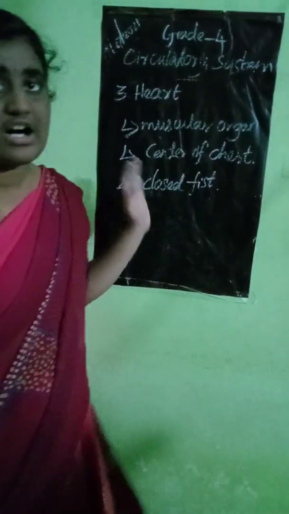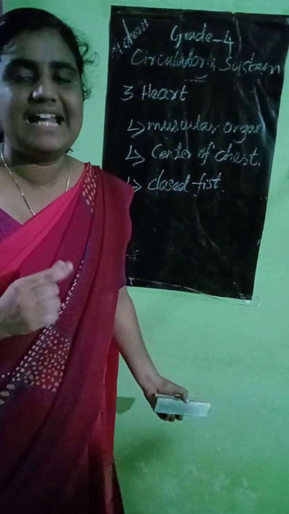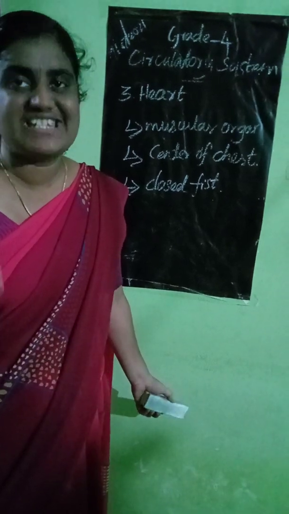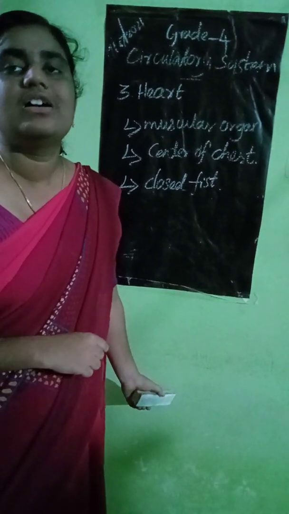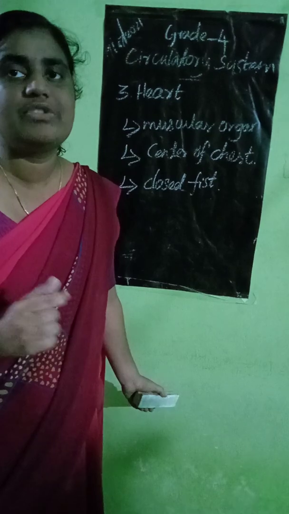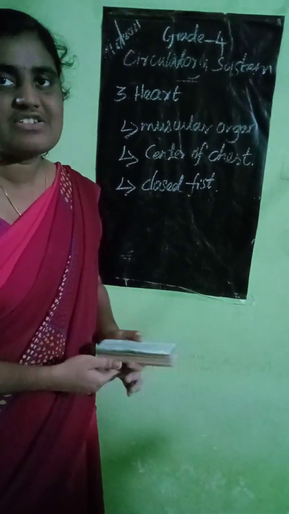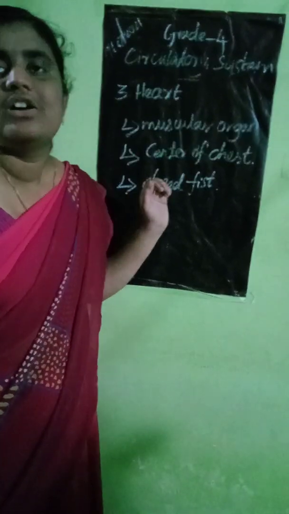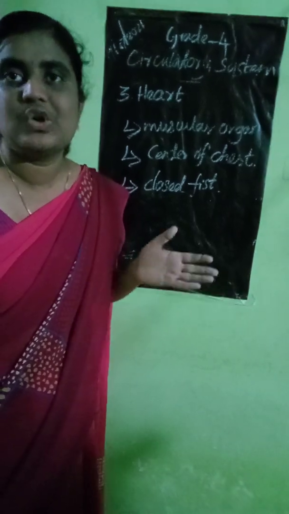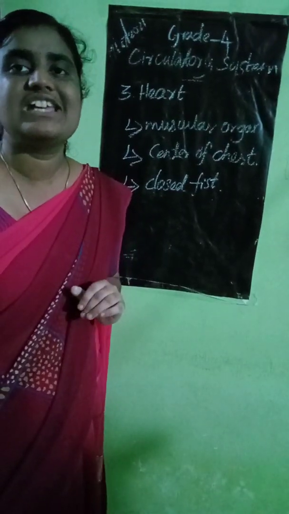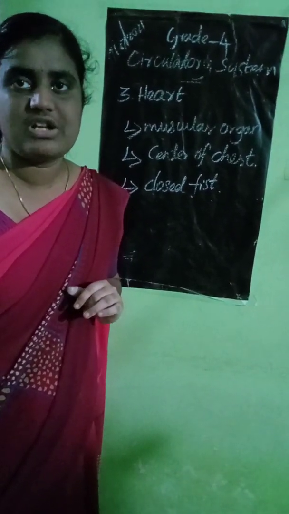Our heart pumps blood through our blood vessels to reach the entire body. So the function of the heart is to pump blood through our blood vessels to reach the entire body. Okay children.